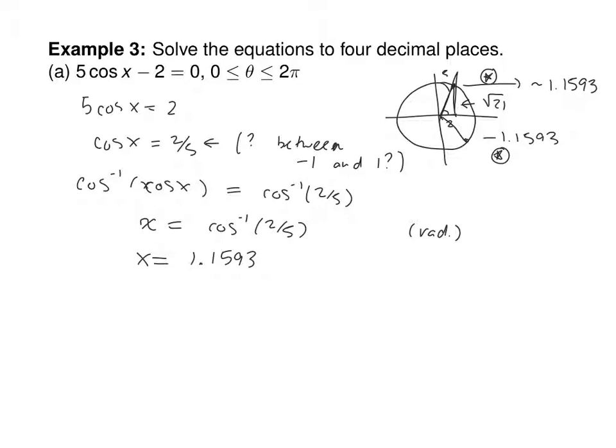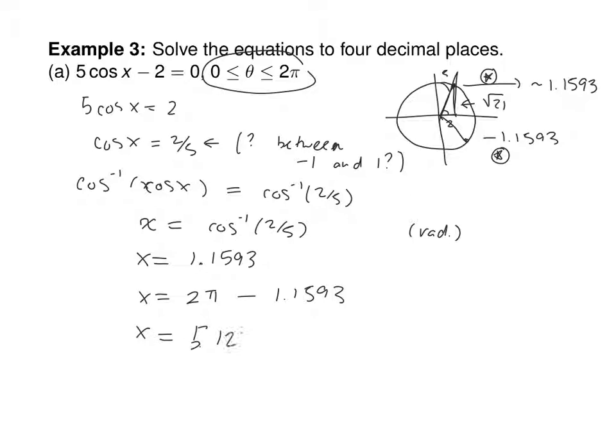Does that make sense? But you can't give that negative number as an answer because you've got to be between 0 and 2 pi. So the way to get the other answer is to do 2 pi minus that 1.1593. There is some kind of symmetry going on here too, right? To where the numbers show up. So did you do that? What did you get for that answer?